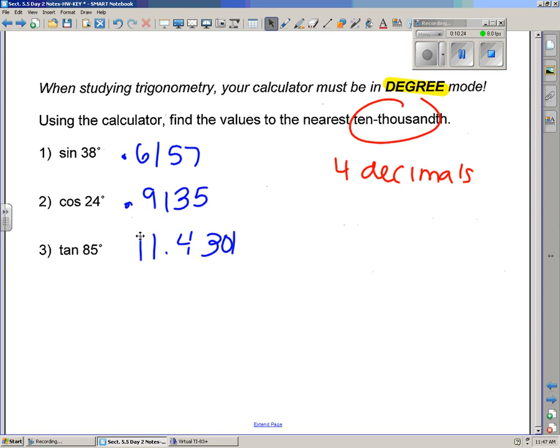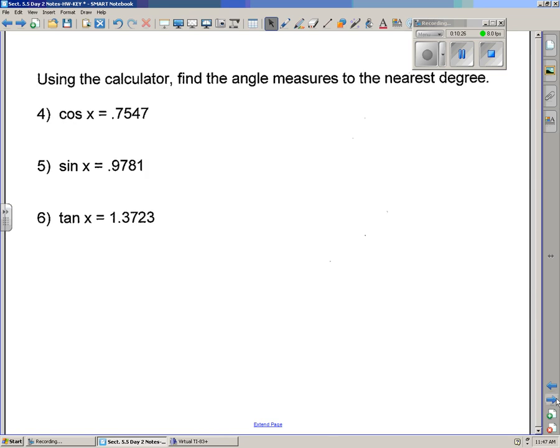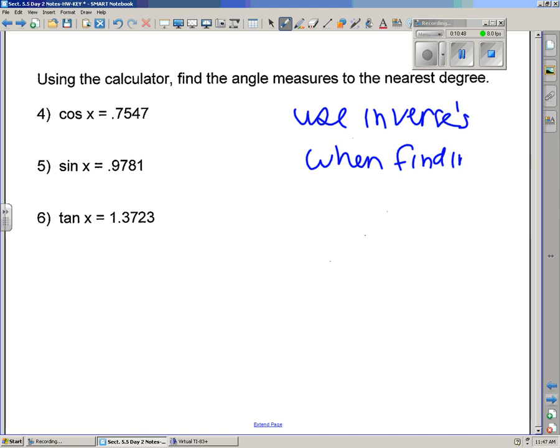Last but not least, you want to be able to find the angle measures when you're given the decimals. And when you're given the decimals, or you're even given a fraction per se, you're going to be looking for the angles. And the angles happen to be the inverse functions. So use inverses when finding angles.